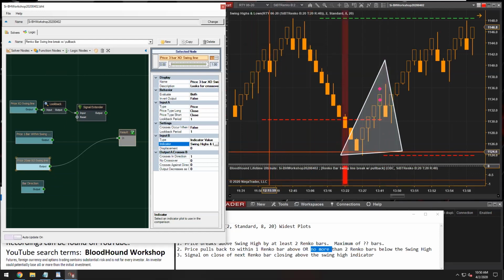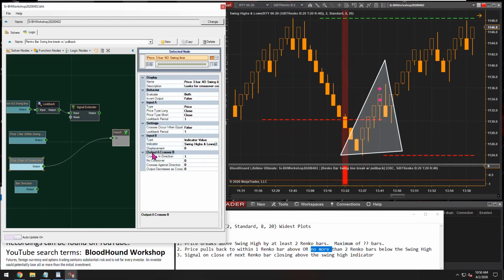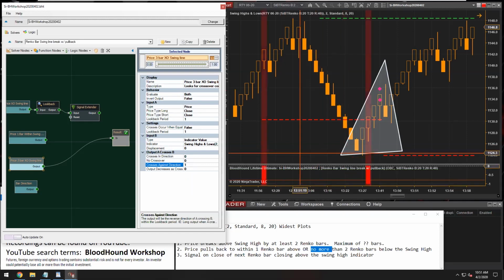Now, if we look here, we're getting a crossover when price crosses down, but we want a crossover when price crosses up. So we need to adjust the outputs here. Instead of using crosses in direction, we're going to turn that off. We want to use crosses against direction. So we're using the crossover solver to look for a crossover in the opposite direction.